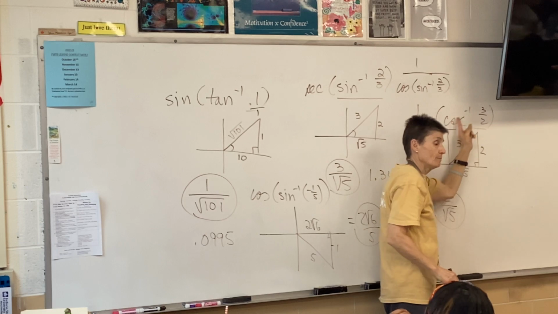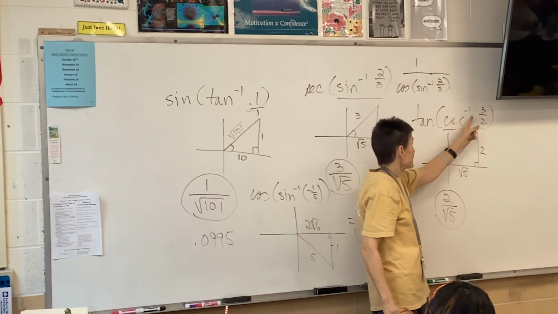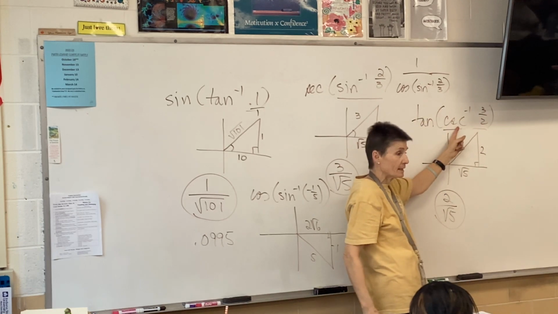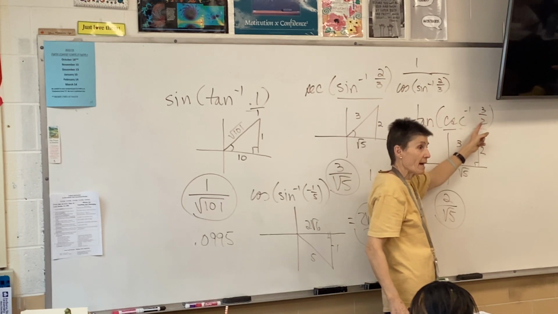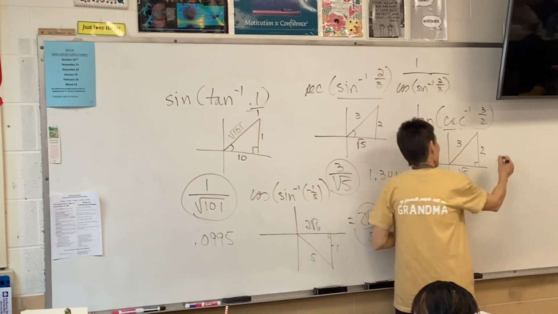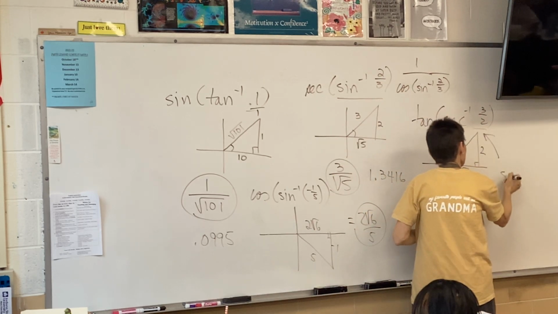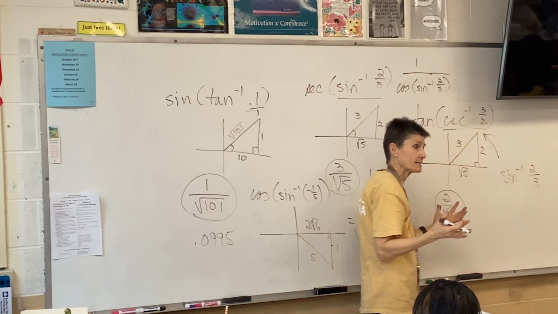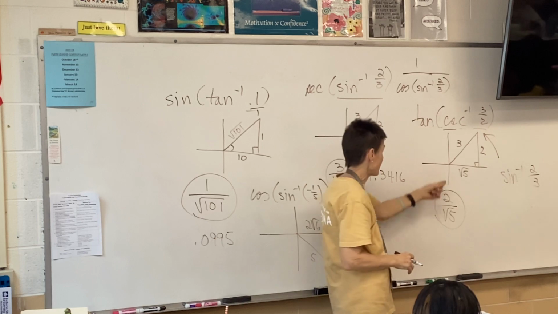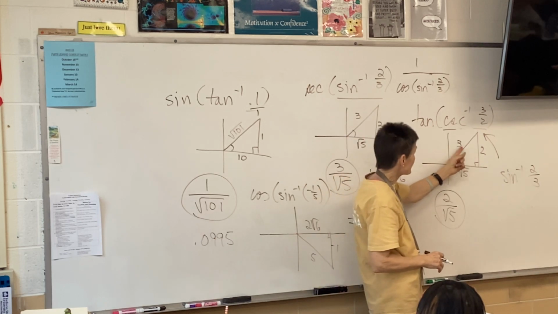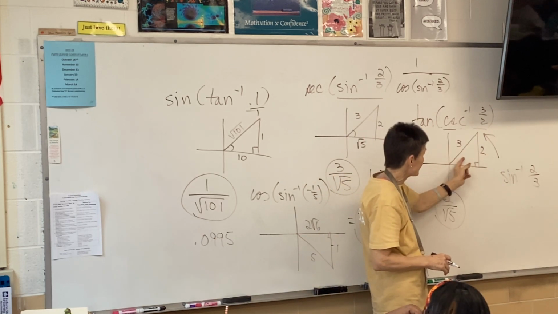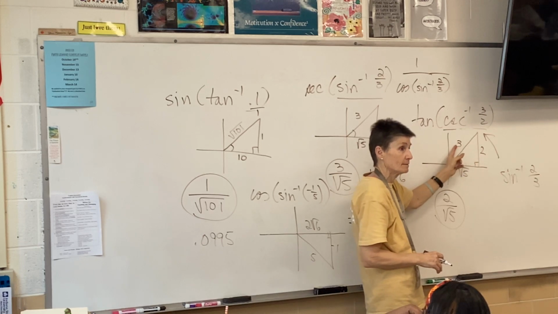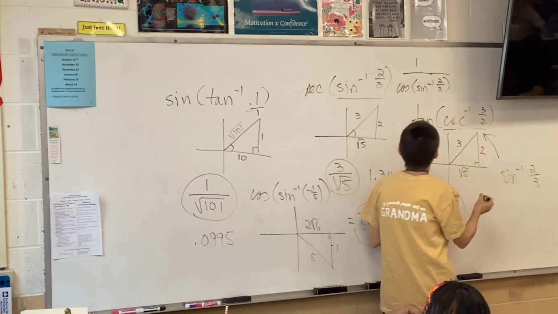This is an angle. It's an angle whose cosecant is 3/2. That is the same as the angle whose sine is 2/3. Does that make sense to you? Here's a picture of it. If the cosecant is 3/2, isn't the sine 2/3? So that's what we type in.